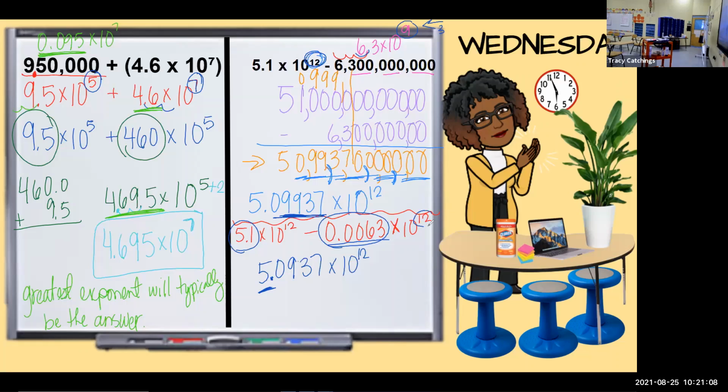And now it has an exponent of 12. Once they get that same exponent, then we're able to calculate those operations. So that would have been just 5.1 and 0.063 that we subtracted, and that's what gave us 5.097. And then the lucky part is that the exponent is going to stay the same.